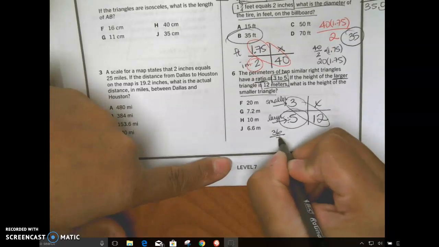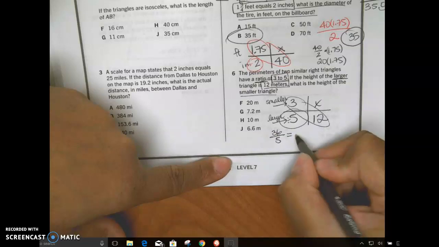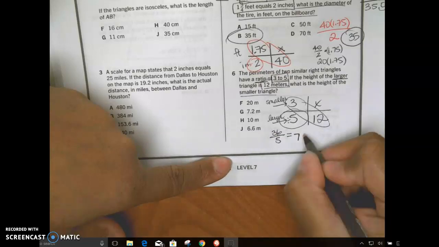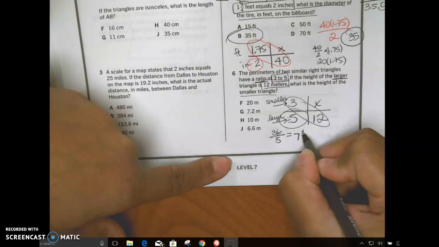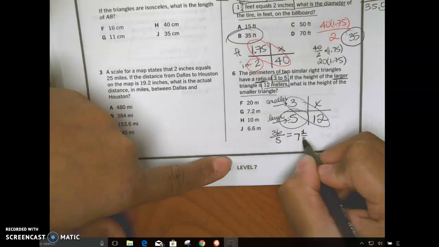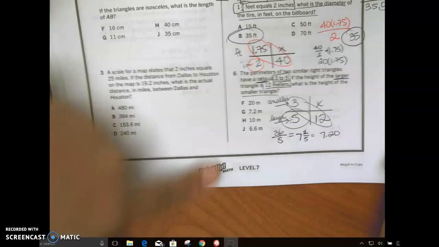36 divided by 5. How many times does 5 go into 36? 7. How many are left over? 2 out of what? No, not 2. 1. 1 is left over. 1 out of 5, and then that's 7.20.